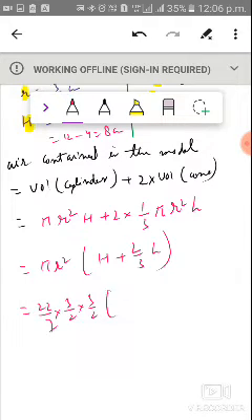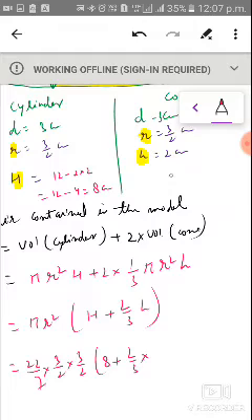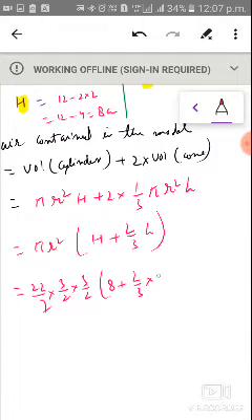Then capital H, that is given, that we have calculated 8 centimeter, right? 8 plus 2 by 3 multiply h, that is 2, small h, that is 2.